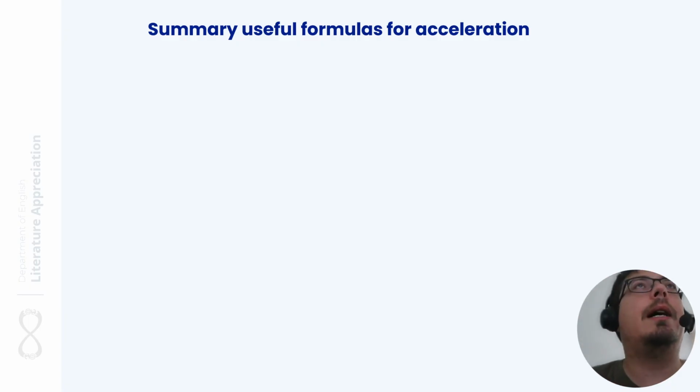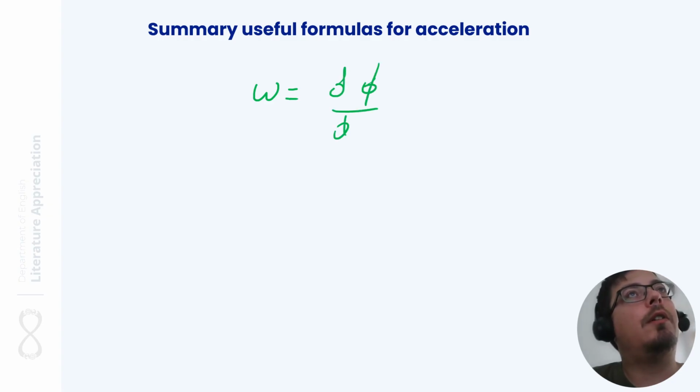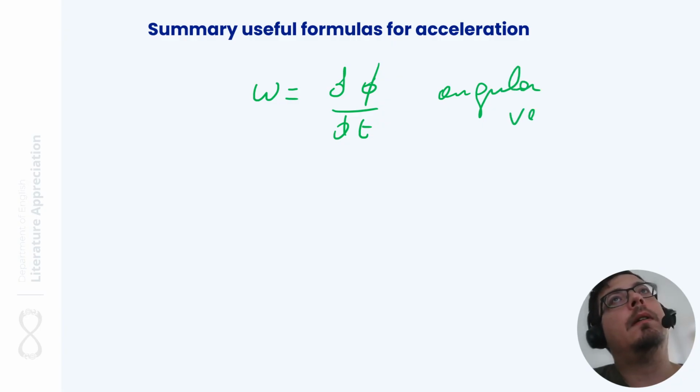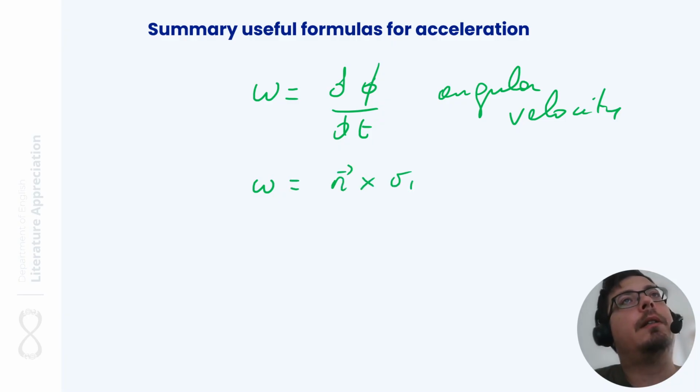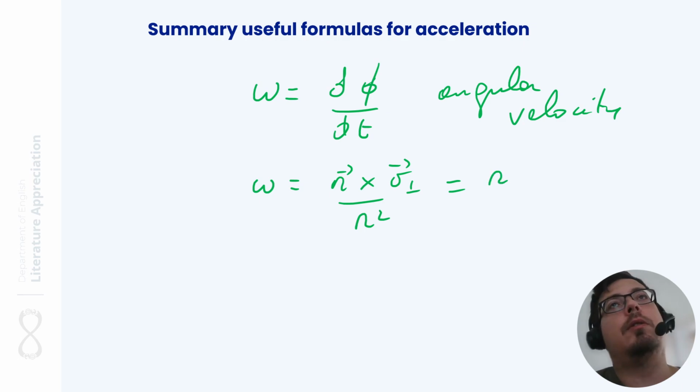So we will summarize the useful formulas that we derived. The change of the angle is called angular velocity, but the angular velocity is also given by the cross product of the tangential velocity over r square, which is also written as this, and this is because the velocity and the radius are 90 degrees apart from each other.